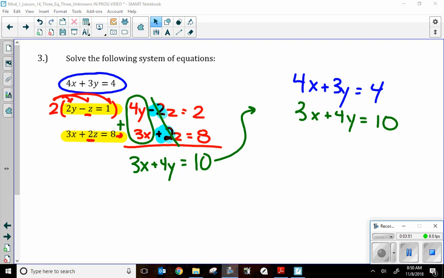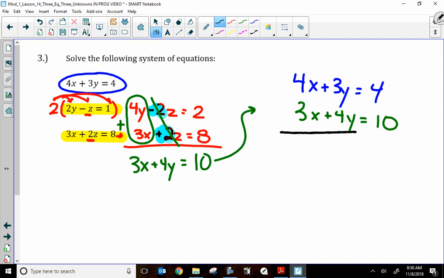Now I'm in a situation where I need to get rid of an x or a y. I'm going to get rid of the x because that happens to be the first one there. The numbers in front of the x do not match. I have a 4 and I have a 3. So what I do is I take my 3 up here and I multiply the top one by 3, and I take my 4 down here and I multiply the bottom by 4. And I'm going to get 2 new equations, and I'm going to combine those equations.